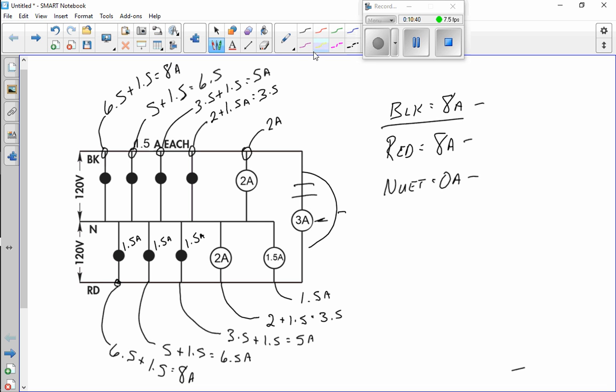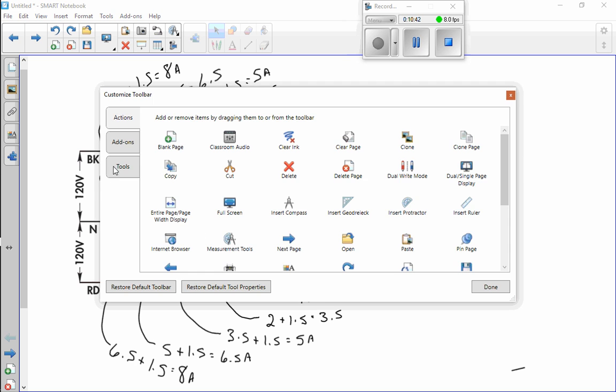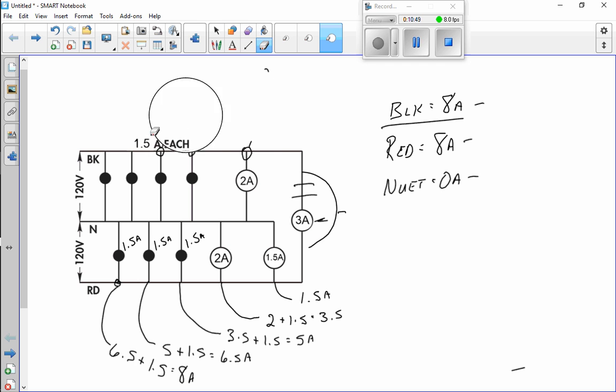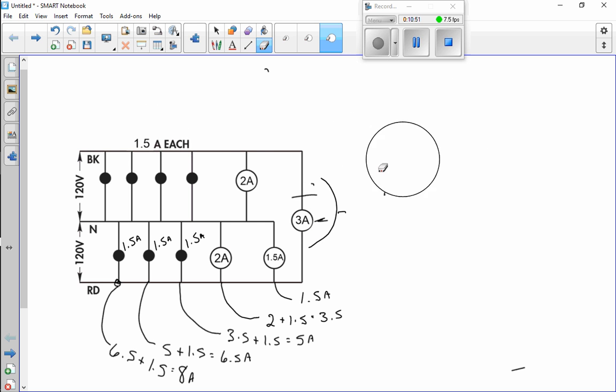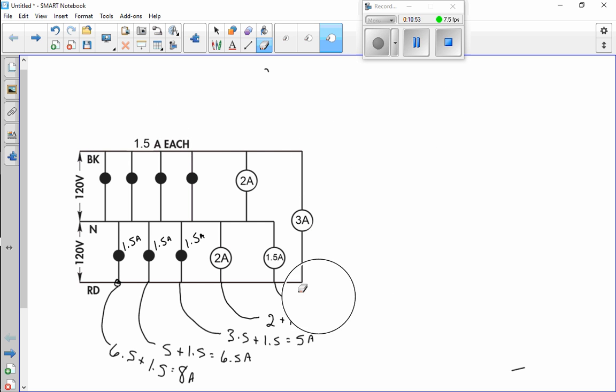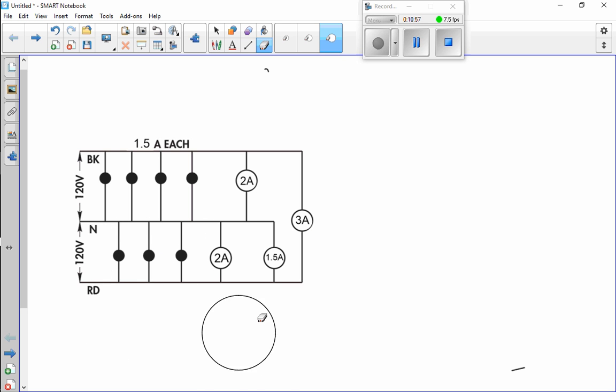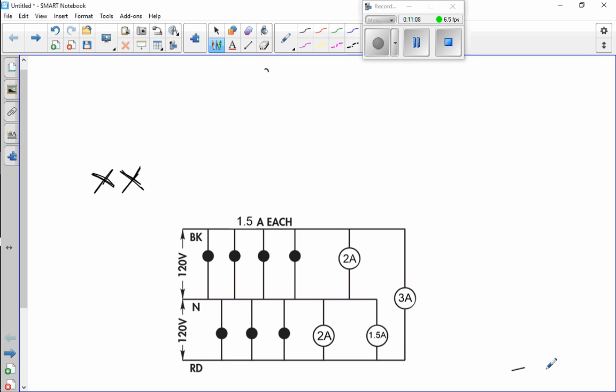Now, the last situation. They're saying that 2 of the lamps on the top circuit, we'll just say arbitrarily this one and this one.